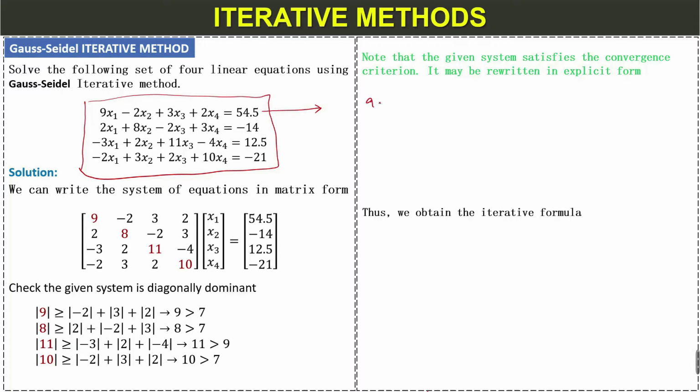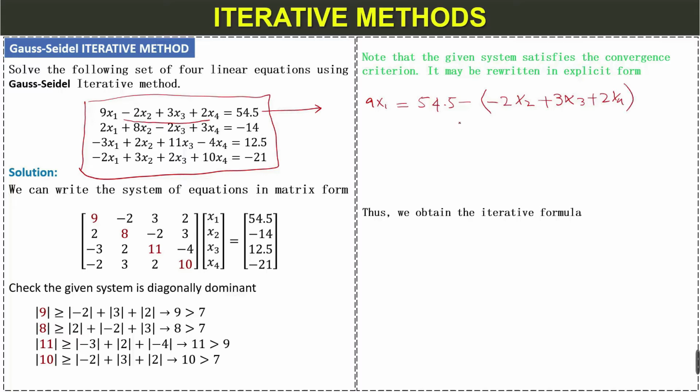We have 9x1 equal to 54.5 minus, we take all of them to the right side, minus 2x2 plus 3x3 and 2x4.